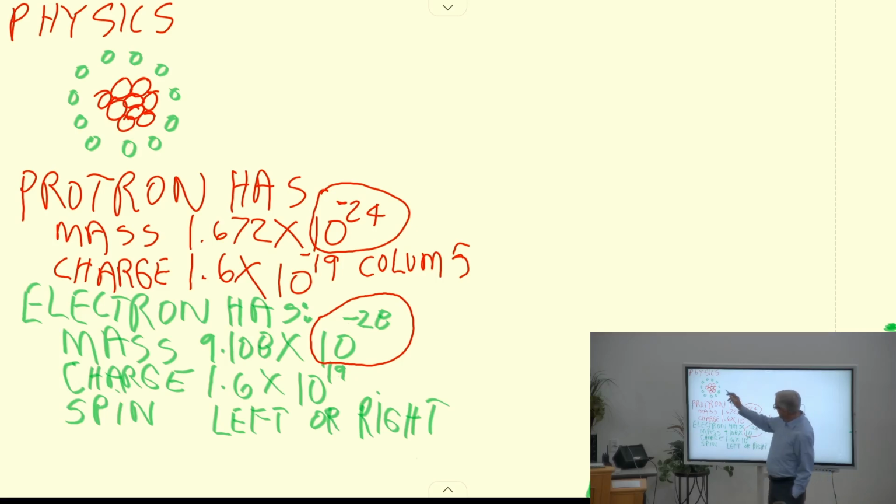So a proton is 10,000 times heavier than an electron, but both of them have the same amount of charge, in the opposite direction, positive versus negative, 1.6 times 10 to the minus 19th. Just something interesting to observe.